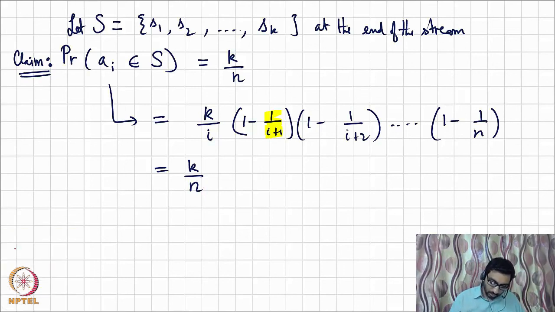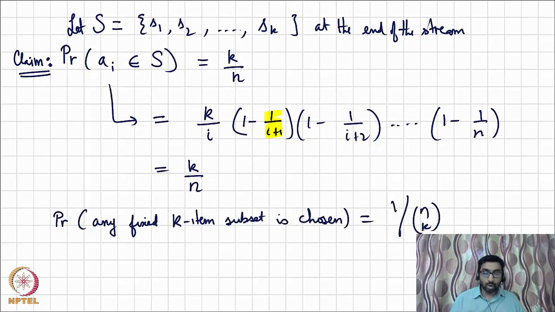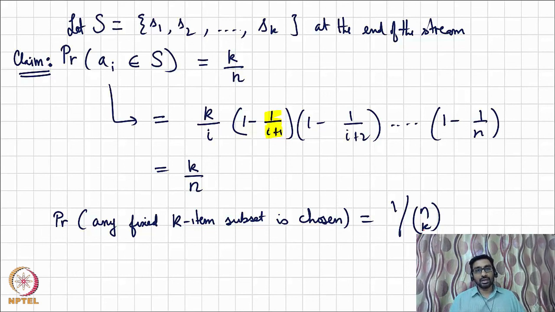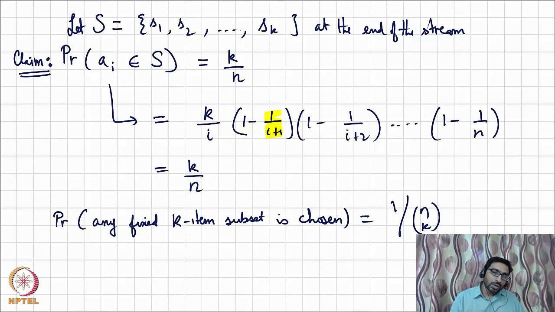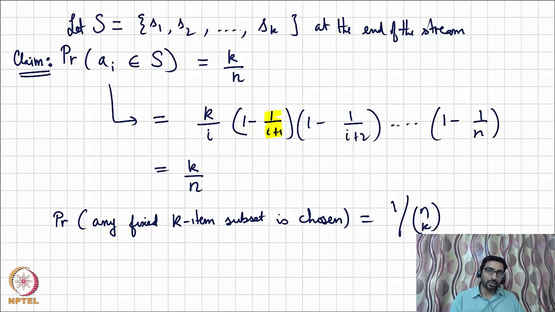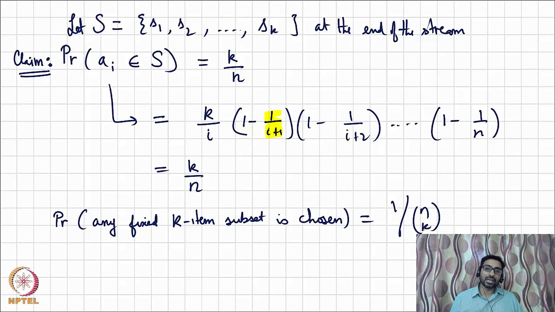What we wanted was that the probability that any fixed k item subset is chosen as the subset that is output should be exactly equal to 1 over n choose k. So have we proven this? Think about this. That's your exercise. So that completes our segment 2.